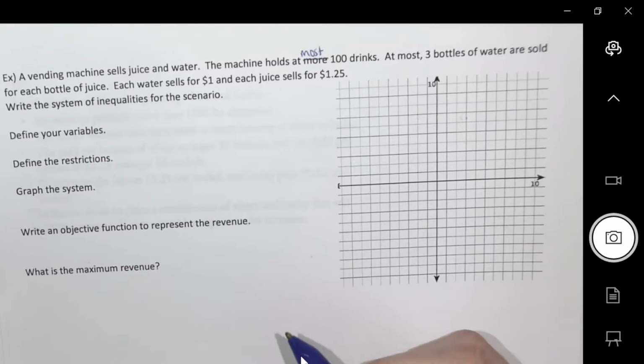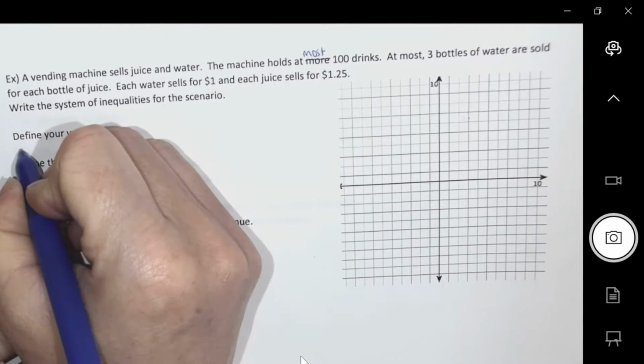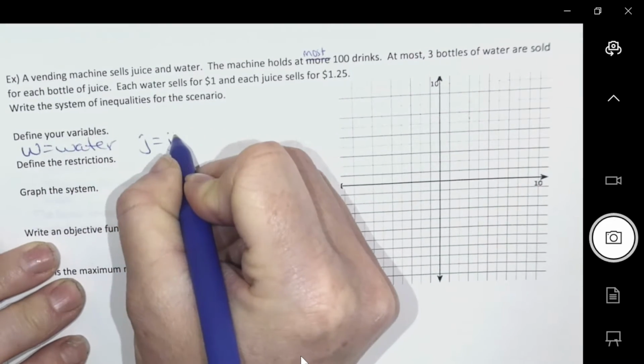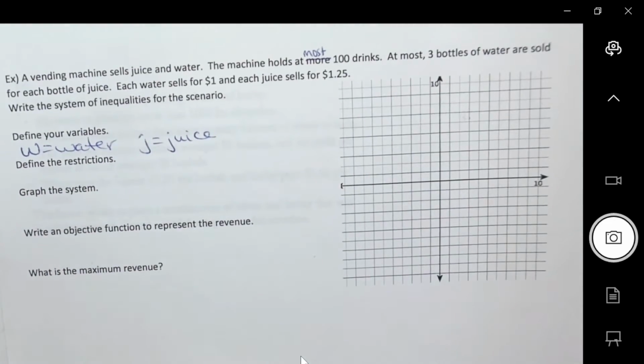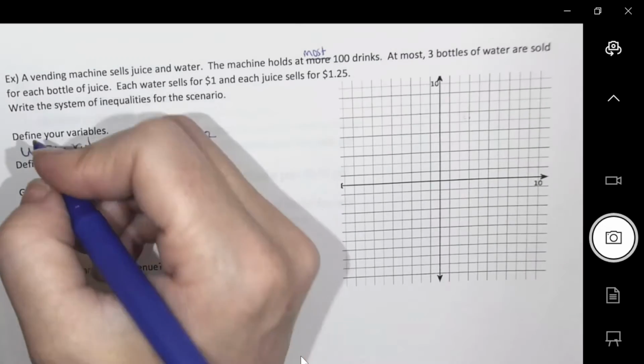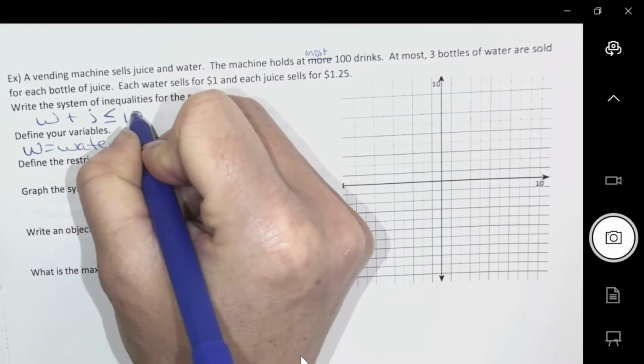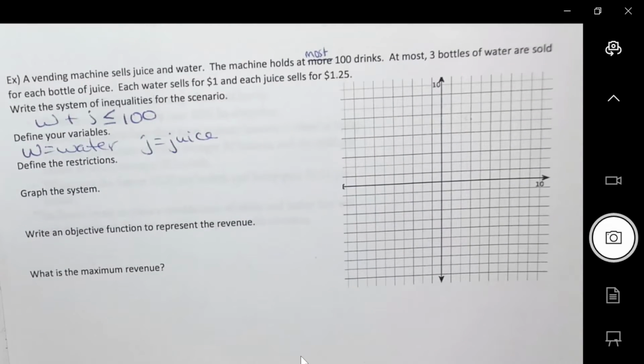Okay, so let's define our variables. We have water and juice. The machine holds at most 100 drinks. The most amount of drinks you could have is 100. So all the waters plus all the juice have to be less than or equal to 100, because that's at most 100 of them.